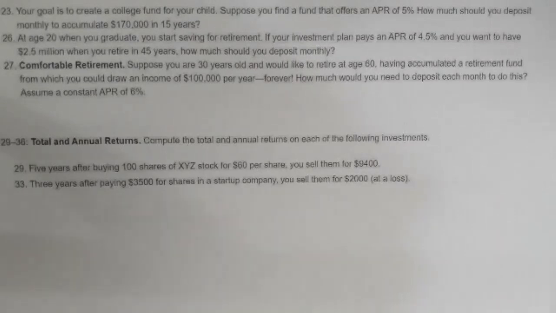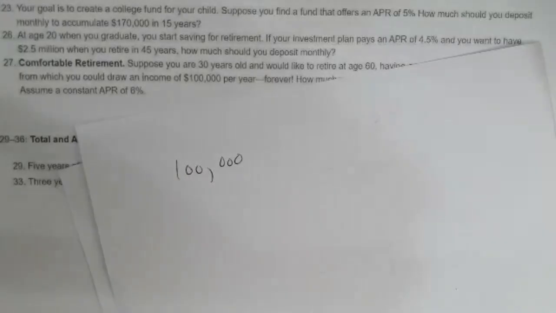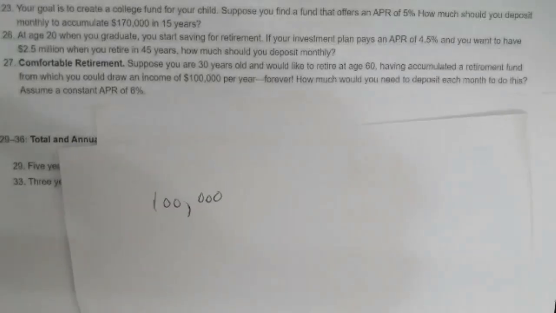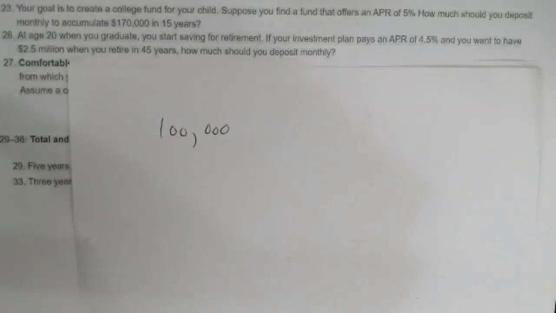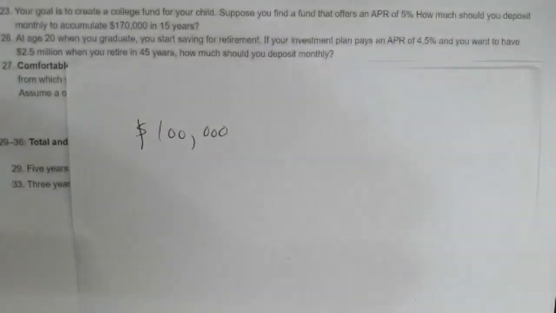So they had an example like this in the notes. Being stinking rich is what this example is. If we want to realize 100,000 per year, where is this 100,000 coming from? If we're generating this every year, your principal.